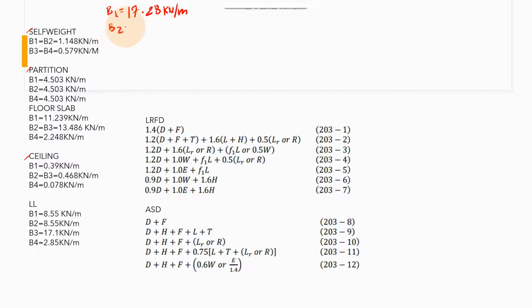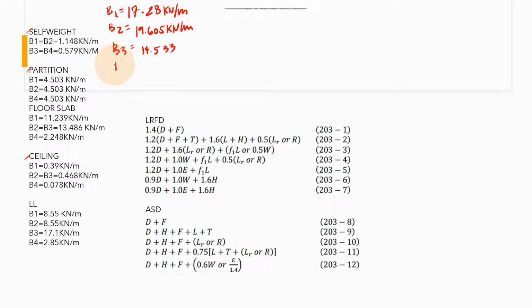And then for our beam 2, i-add nyo lang yan. So we have 1.148, so we have 19.605 kilonewton per meter. And then sa ating beam 3, we have 14.533.